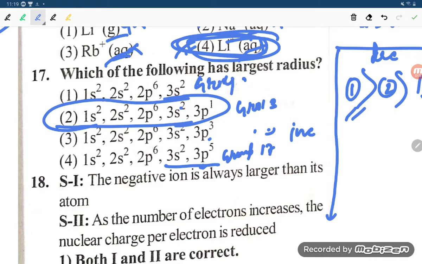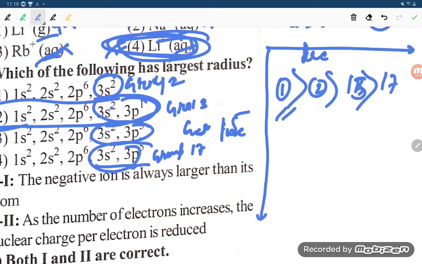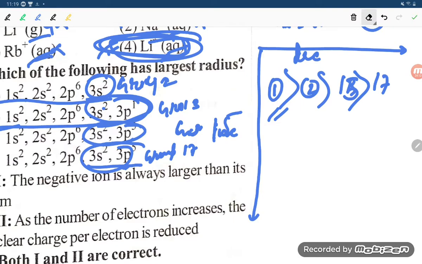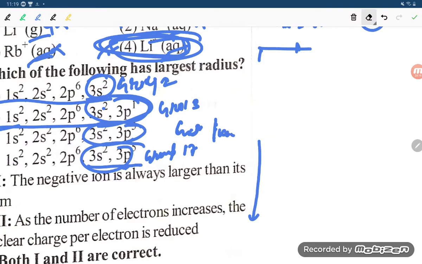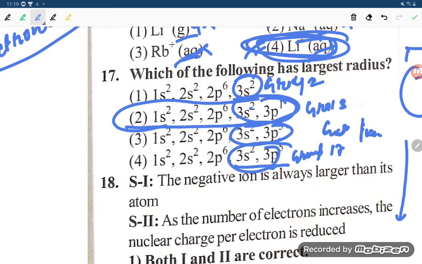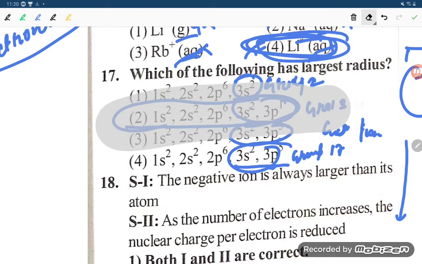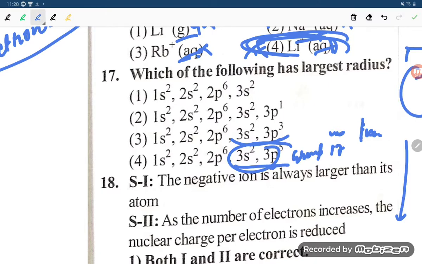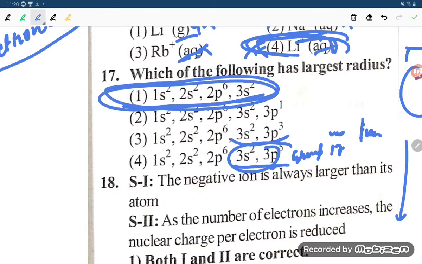This is group number 12, and group number 15, because 2 electrons in the valence shell means group 2, 3 electrons means 13, 5 electrons 15, and 7 electrons 17. Group 1 option is not there. Left to right, radii decreases, so group 2 comes first, then 13, then 15, and then 17. So the correct option is option number 1, student, not option 2. Read it one or two times and try to understand the concept.